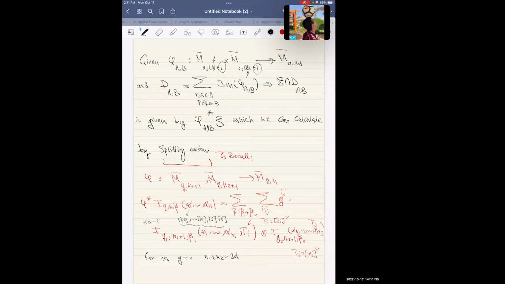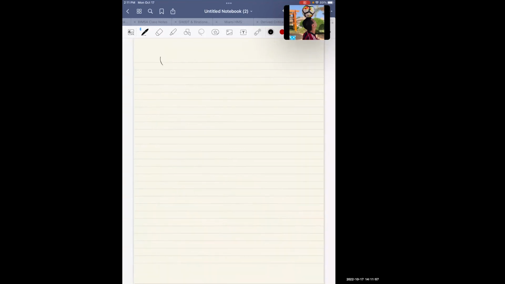So Ti and Tj, if you recall, were chosen to be a basis of the cohomology theory of X. So they can in fact also be the class of P2.